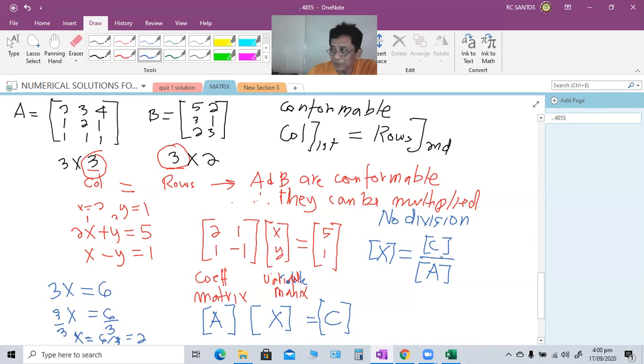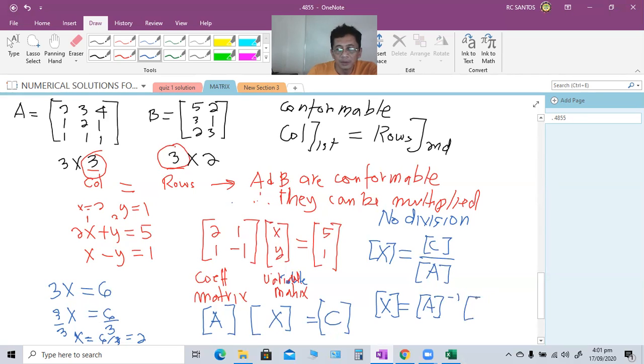But as I have said, we do not have division in matrix. So what we do is we apply multiplication kasi may multiplication sa matrix. So paano siya magiging multiplication? So itaas natin, di ba? So ito, pag itinaas na nito, magiging negative 1 siya.